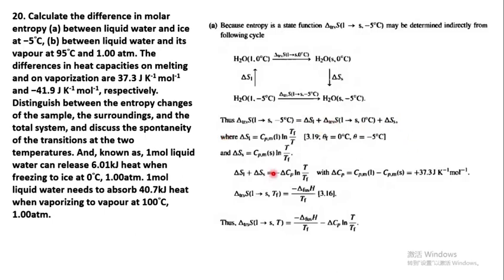So the remaining thing is just the calculation. For the first, delta S of liquid equals to this, delta S of solid equals to this. In the second process, I have emphasized that we know the delta H in this process.